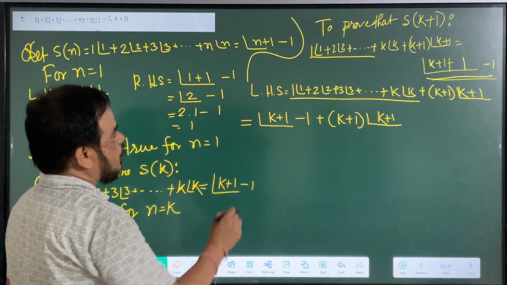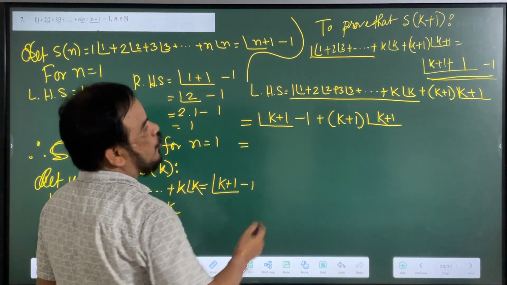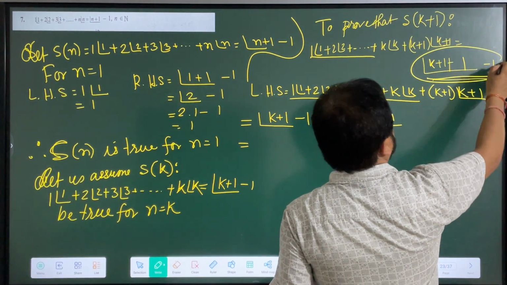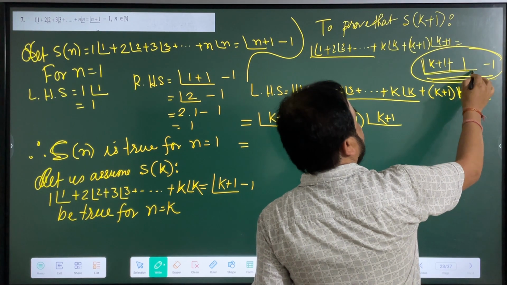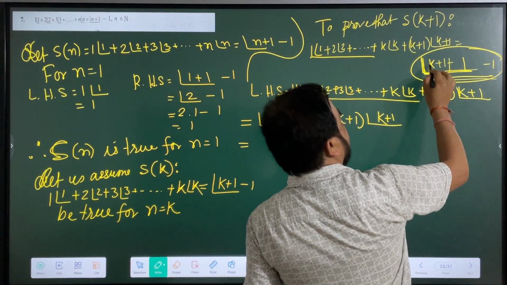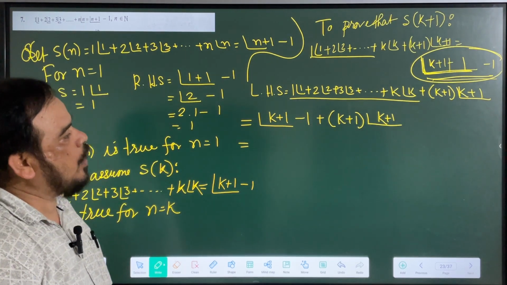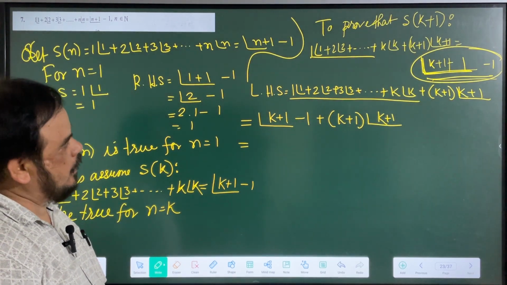Now we have to follow right hand side. What is there in right hand side? Actually what we are supposed to get, under the factorial we have to get k plus 2. So here also we will try to get k plus 2 under factorial.